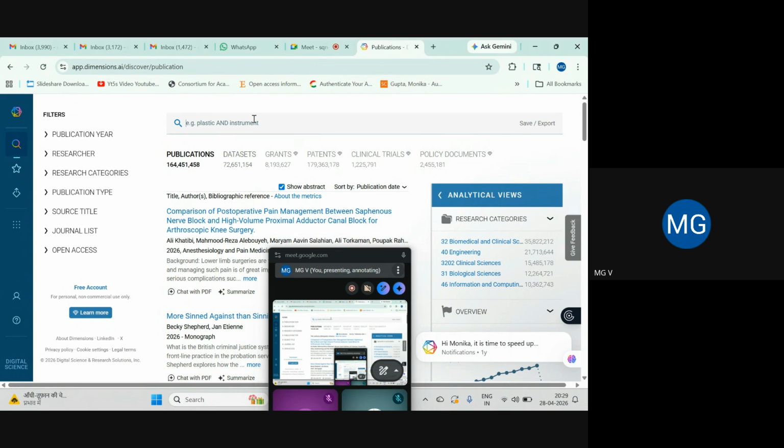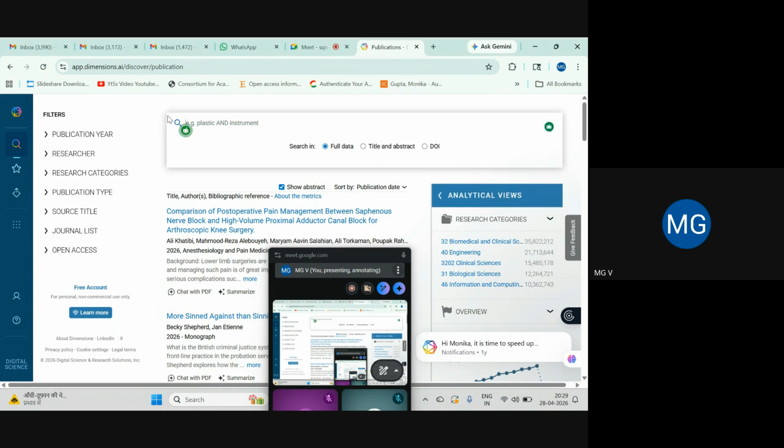And now you can use this search. So what do you want? Social cohesion and sustainable development nexus.